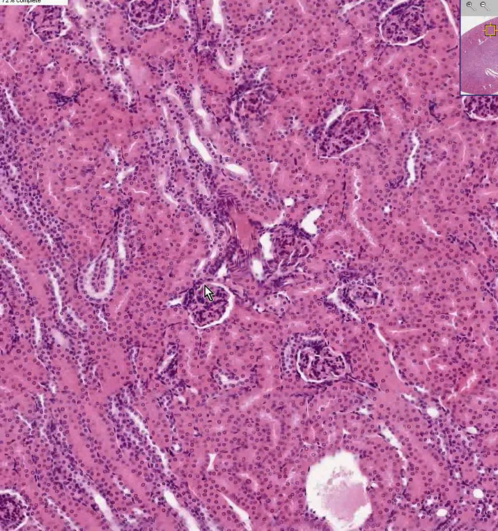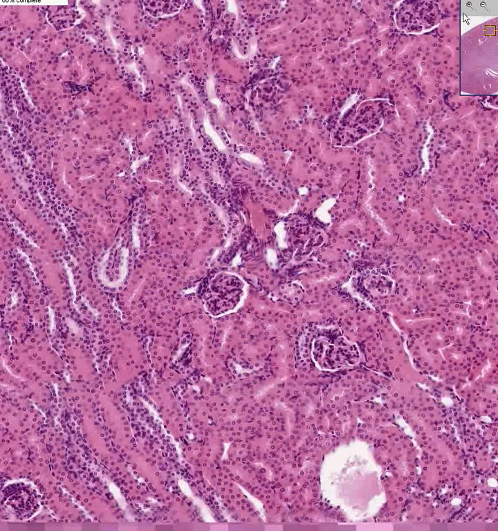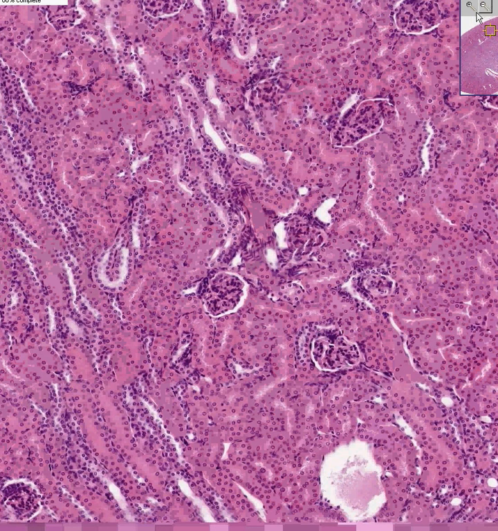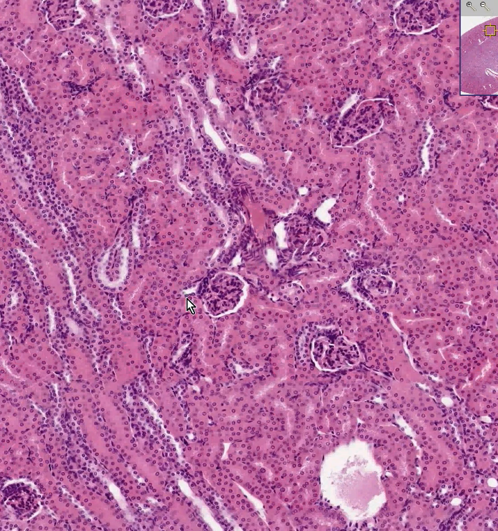Often, if you're lucky, in the vascular pole, you may be lucky enough to see structures that have a lumen, and that would be the portion of the distal convoluted tubule which comes in proximity to the vascular pole to form the so-called juxtaglomerular apparatus.